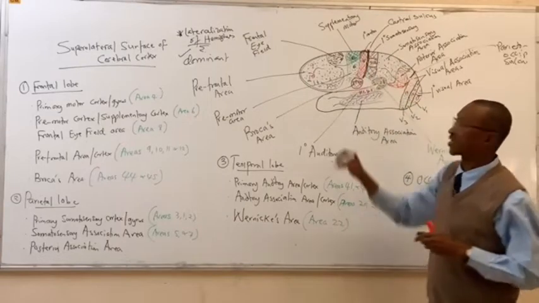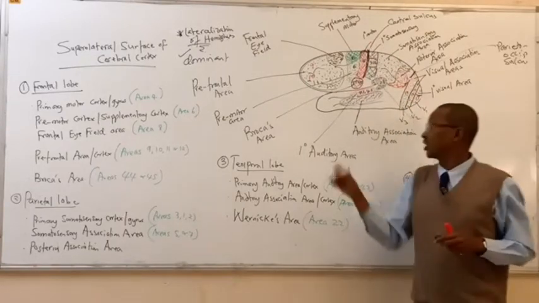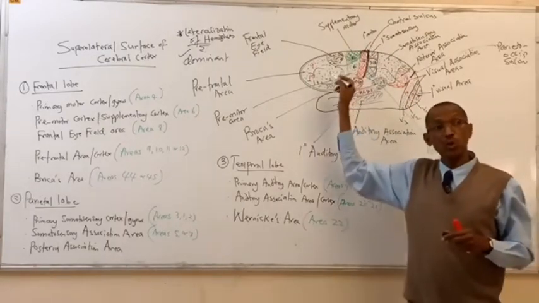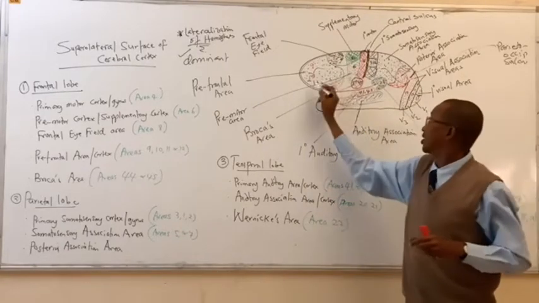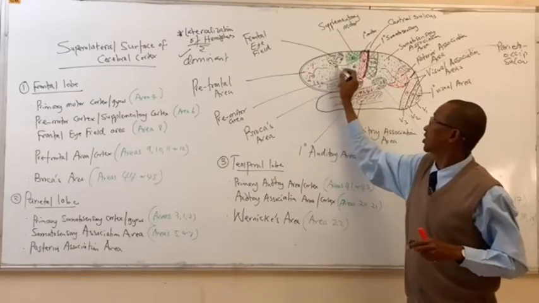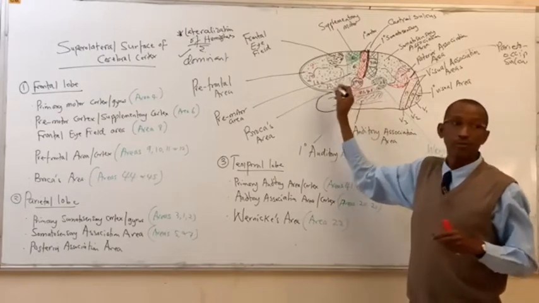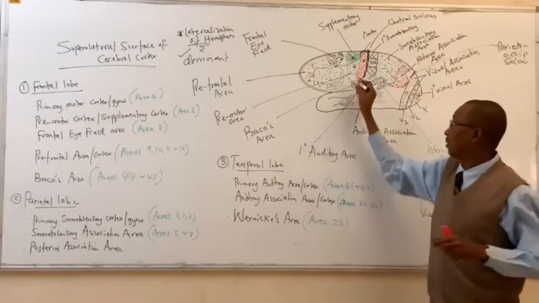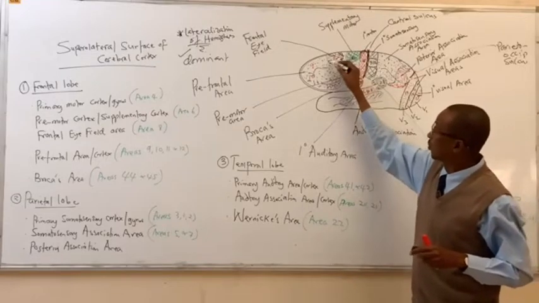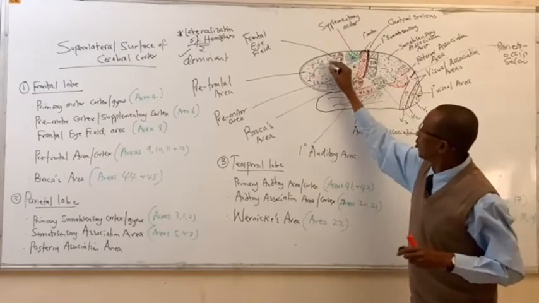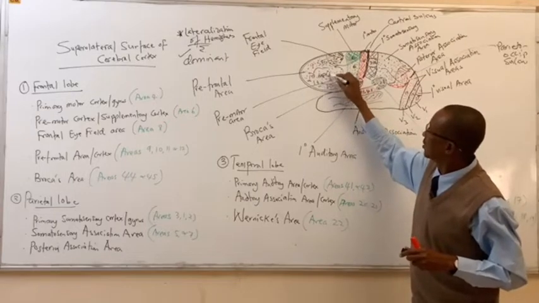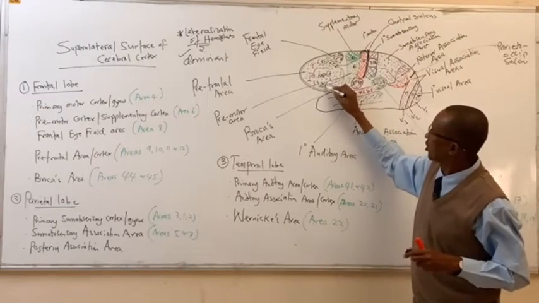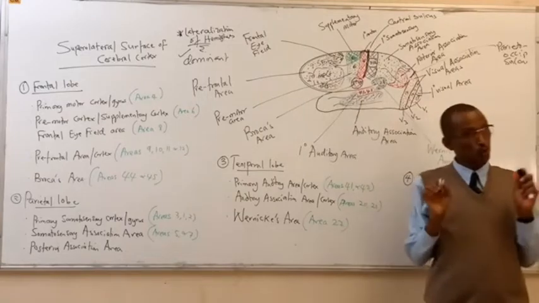If you can recollect very well, before I said the frontal lobe is divided into 3 gyri by 2 sulci, superior frontal sulcus and inferior frontal sulcus, thereby demarcating the frontal lobe into superior frontal gyrus, middle frontal gyrus, and inferior frontal gyrus. That is what we said, right?